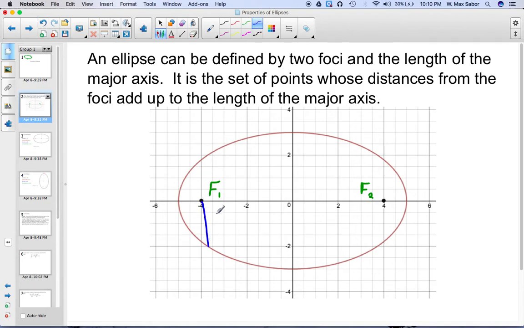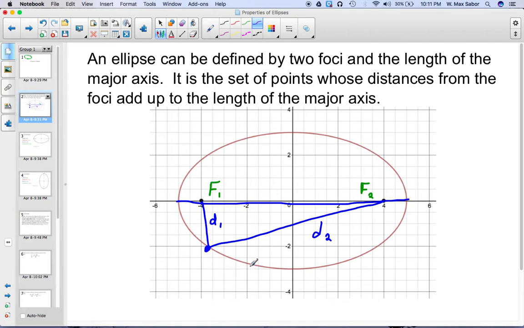So if I call this distance 1 and that distance 2, these two distances have to add up to this whole distance.